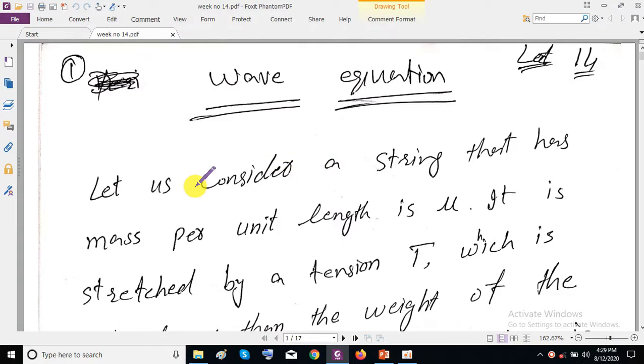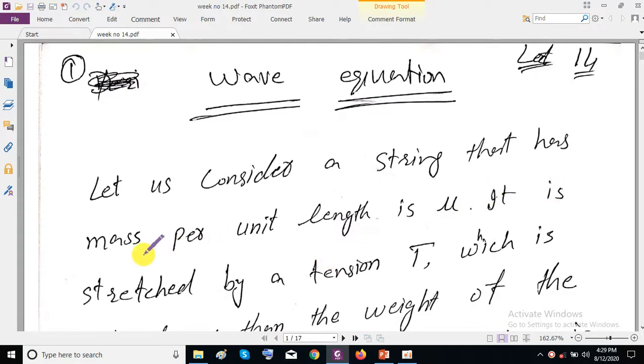For this, let us consider a string that has mass per unit length mu. It means density; density is mass per unit length, and we call it mu. Some others denote it by rho. Both are right.